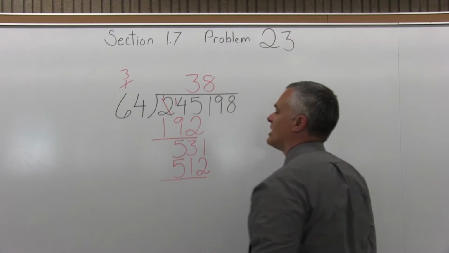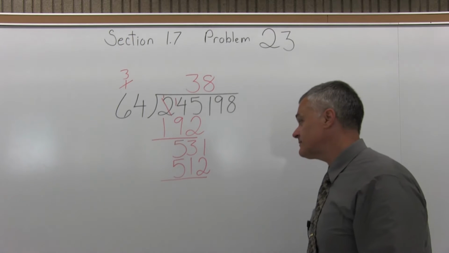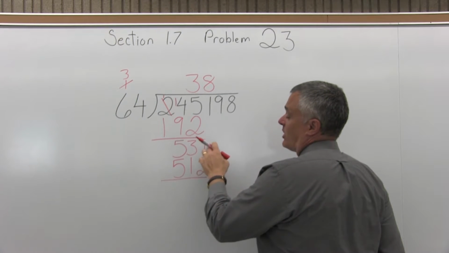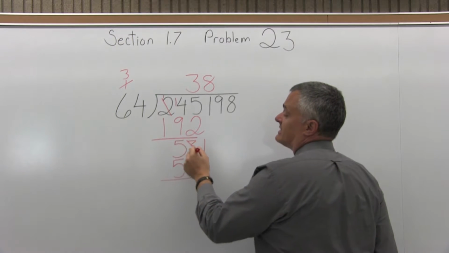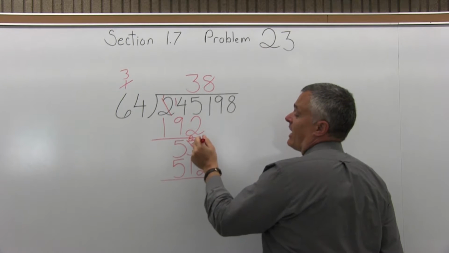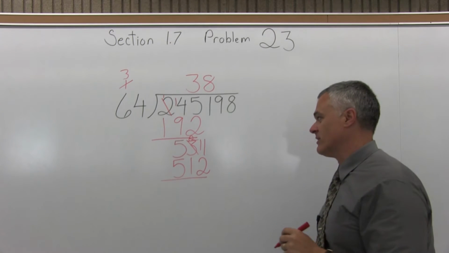So now the subtraction I have is 531 minus 512. So now I want to start subtracting. In the far right column I have 1 minus 2. The 2 is too big to subtract from the 1. So the next digit over is a 3. I will cross it off, reduce it to a 2. And that 1 that I have can be changed from a 1 to an 11 when I put a 1 in front.